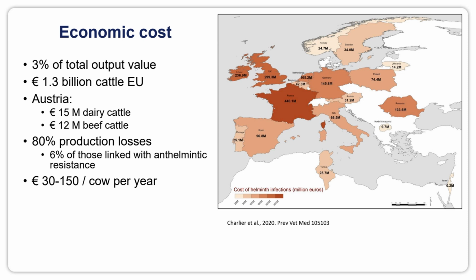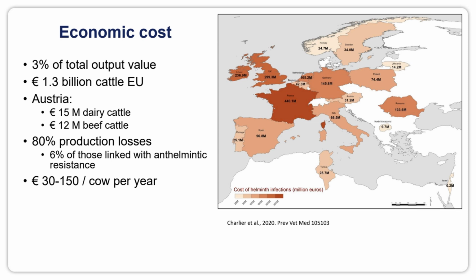Let's say if we have every 10 years an outbreak of FMD, but in these 10 years, every year we have the cost of helminth infections. Well, the costs of helminth infections are the same or even higher than the costs of FMD, of blue tongue. So it is important to continue to give attention to these diseases.